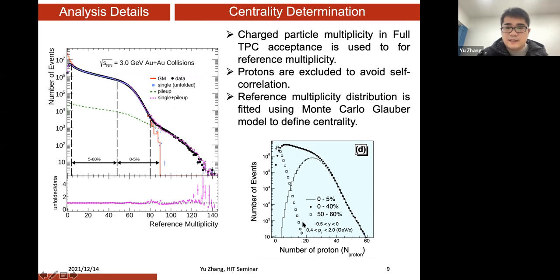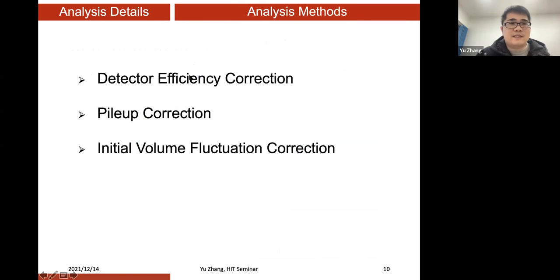The acceptance cuts are rapidity from -0.5 to 0 and pT from 0.4 to 2 GeV for these proton distributions. For the analysis method, I will show mainly 2 methods. One is the detector efficiency correction on cumulants. The second one is the pileup correction for the initial volume fluctuation.